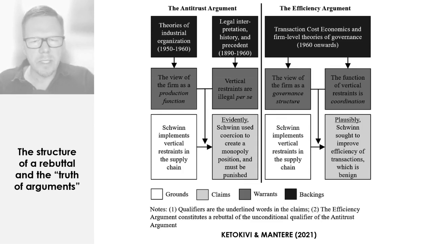The only place where the notion of truth may become even remotely relevant is the grounds. Schwinn implements vertical restraints in the supply chain. We might ask, is this true or not? Is this factually correct? And in the Schwinn case, there was really no quarrel on the grounds. So whether you sided with the antitrust argument or the efficiency argument, you tended to accept the grounds as true, or as factual.